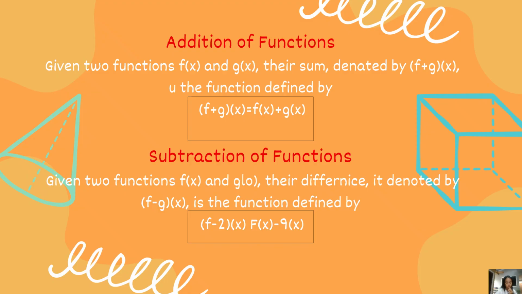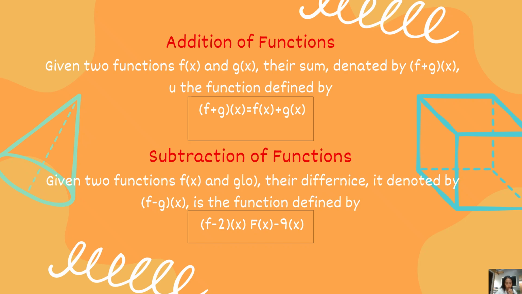So in addition, first we look at the addition of functions. Given the two functions f of x and g of x, their sum, denoted by f plus g of x, is the function defined by f plus g of x is equal to f of x plus g of x.